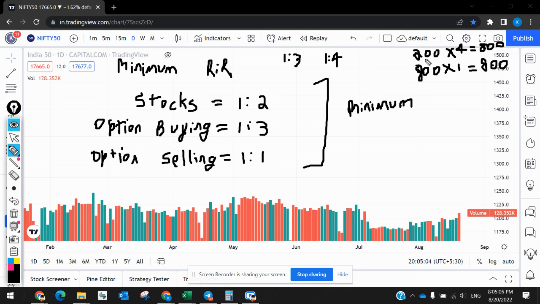Now obviously my accuracy is not going to be 25% or 20%. I will have a good risk reward and an accuracy to be profitable. That's how most profitable traders survive in the stock market and are able to make consistent and good profits at the end of every month on a constant basis.